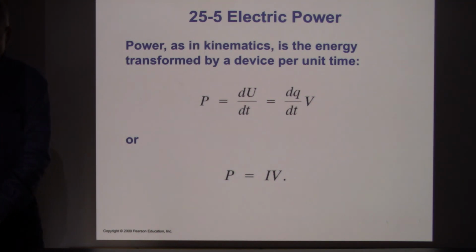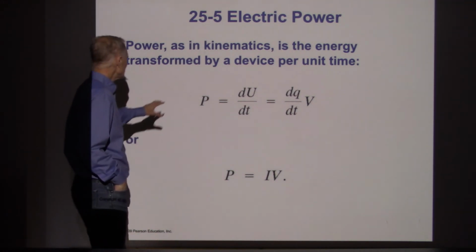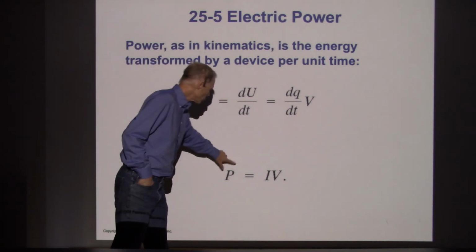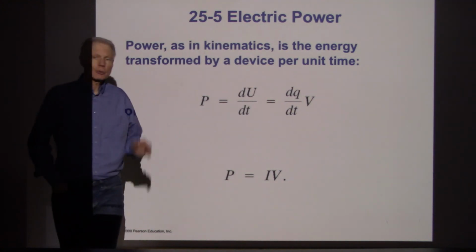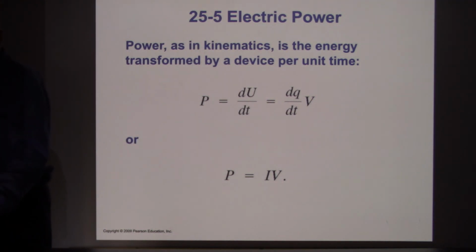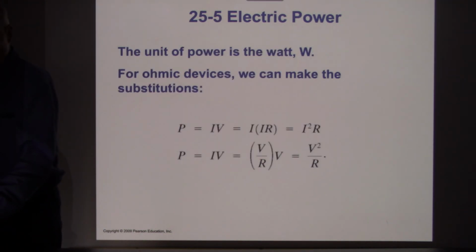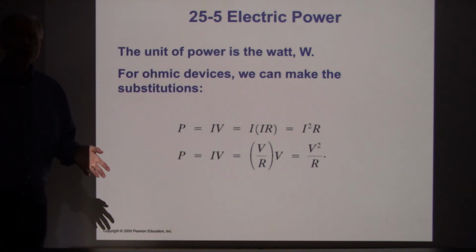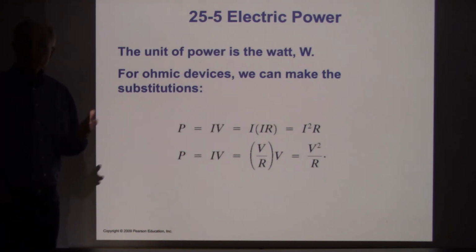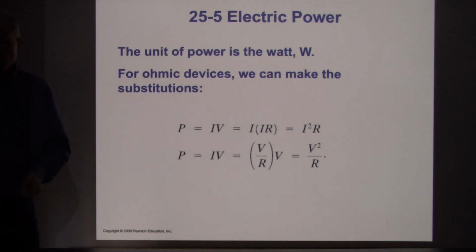Now, electric power. We had shown that the electric power can be determined in an electric circuit by I times V. So I need to know what the current is, and then I need to know what the voltage is going to be. The unit of electric power is the watt, same as it is for any other system where we're looking at power.